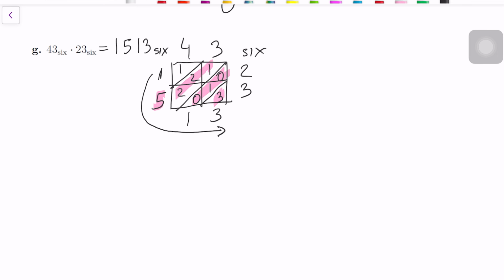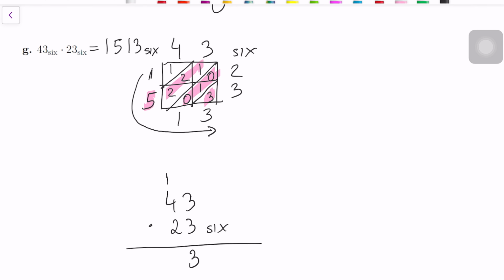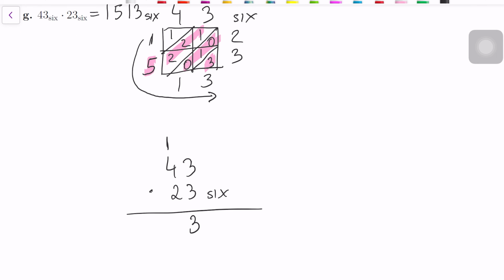Right? If you use the standard algorithm for the same, then 3 times 3 would be 9. You record number of units and how many 6s you have. 3 times 4 is 12, plus 1 is 13. 13 is 2 sixes and 1 unit, right?